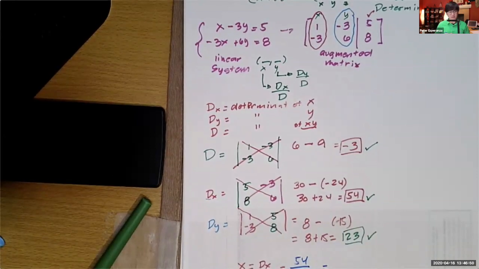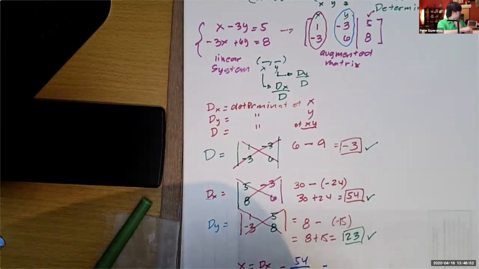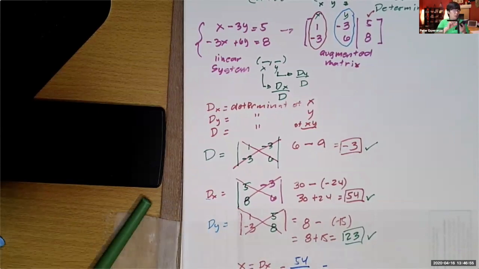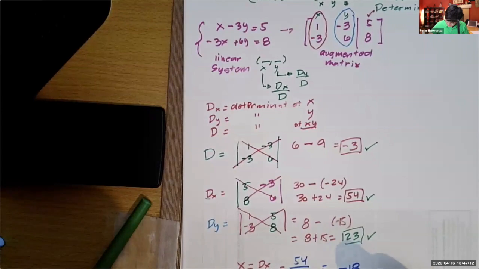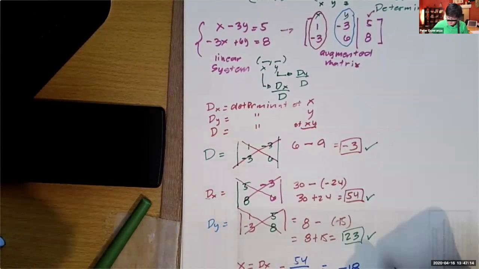Can we simplify 54 divided by 3? I'll use my calculator. 54 divided by 3 is 18, so negative 18. Can we simplify 23 and 3? No. So it's negative 23 all over 3.